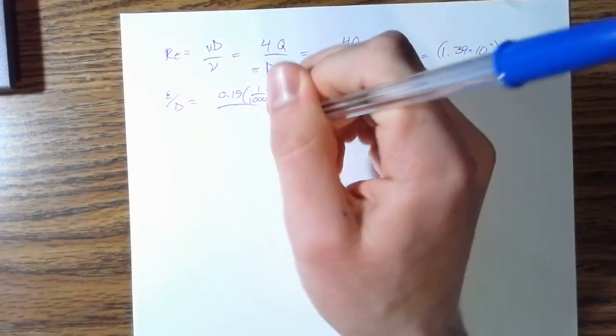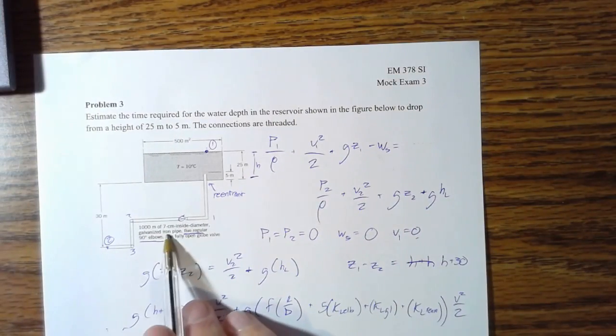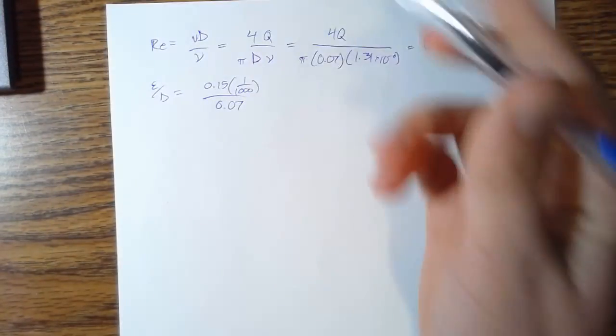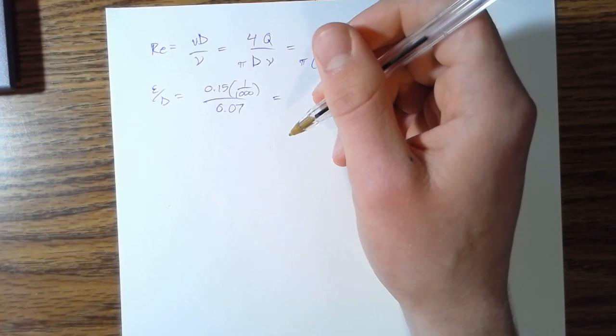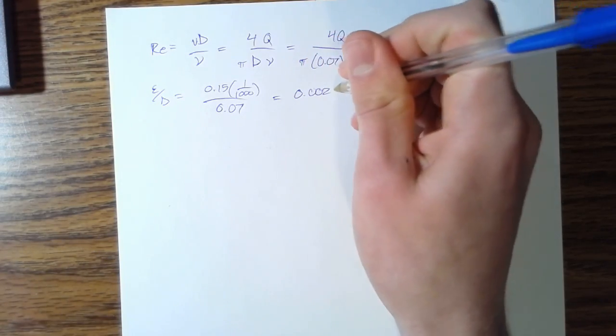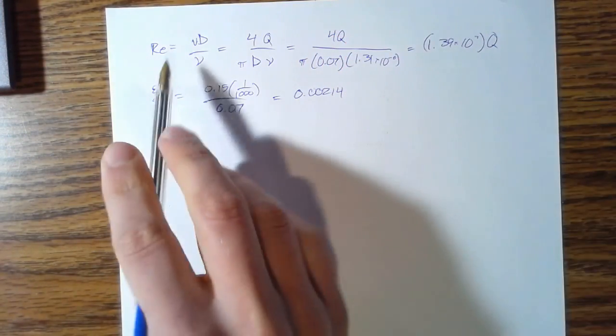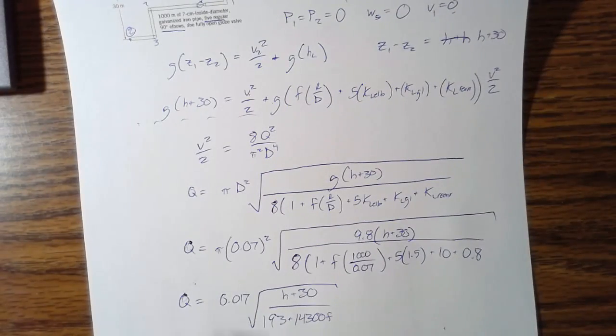Convert that real quick into, I believe, centimeters, or is that meters? Yeah, 7 centimeters, so we're converting this to centimeters as well. We get, what do we get? One sec. 0.00214. So we have a Reynolds number, we have epsilon over D, and we have our Q in terms of a friction factor.